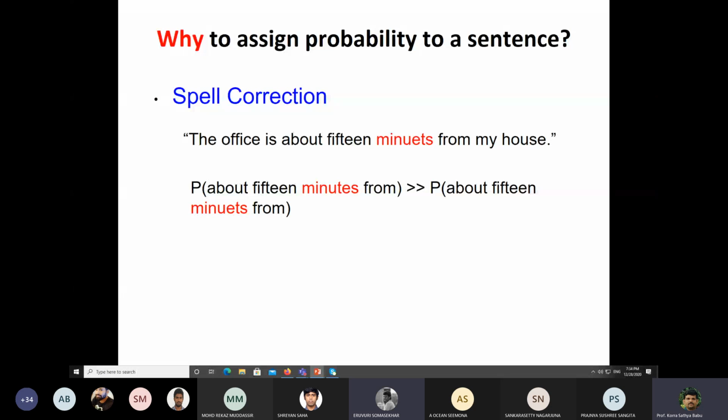For example, just now I slid to the next slide, why to assign probability to a sentence and to suggest the next word. Again, I'm just coming back once. Is there anybody who is syncing with me?